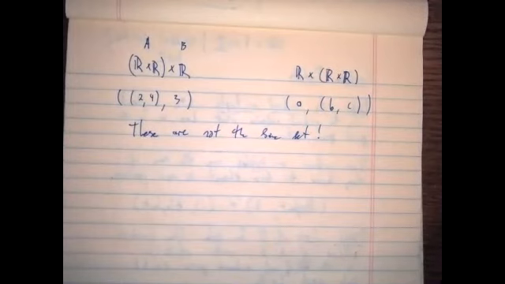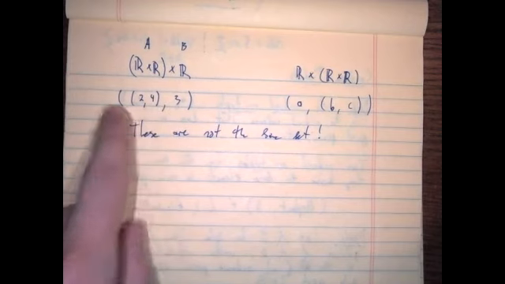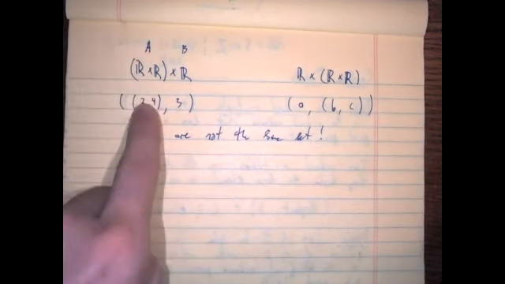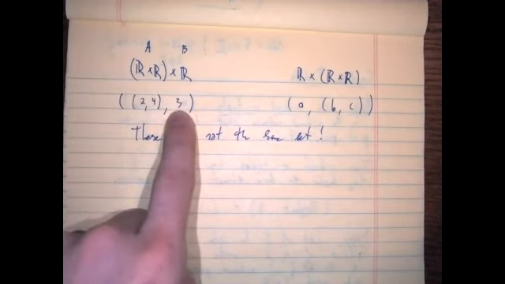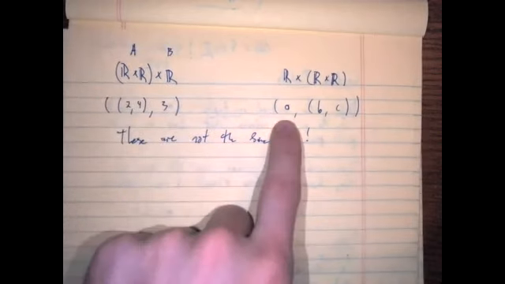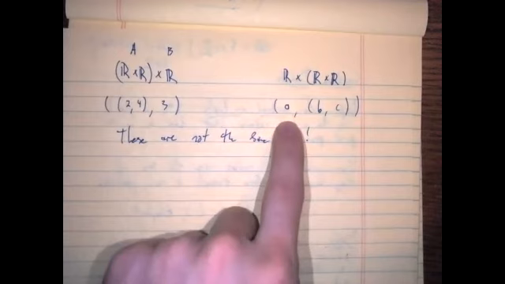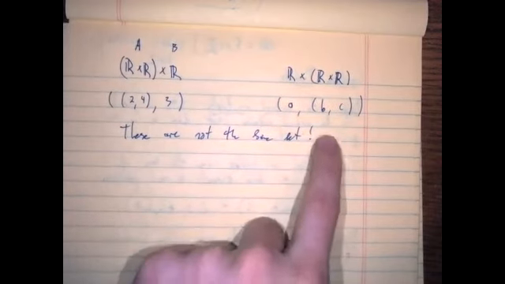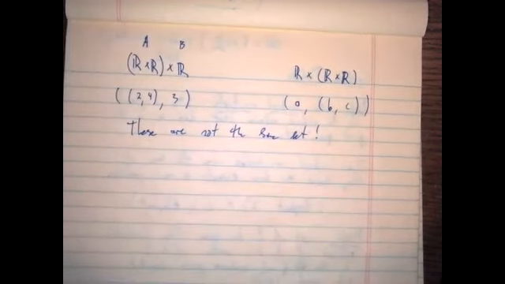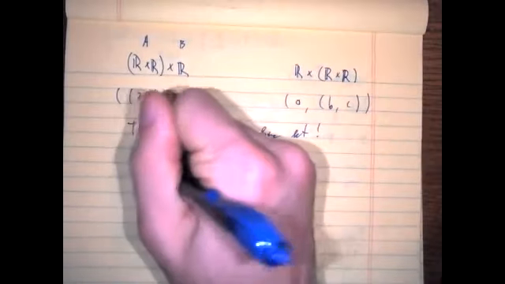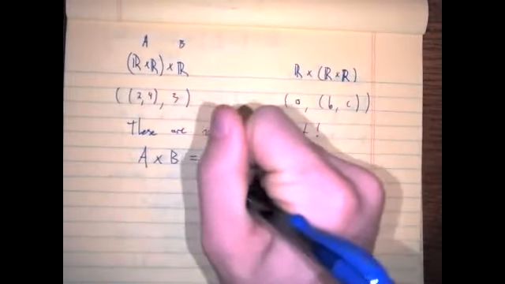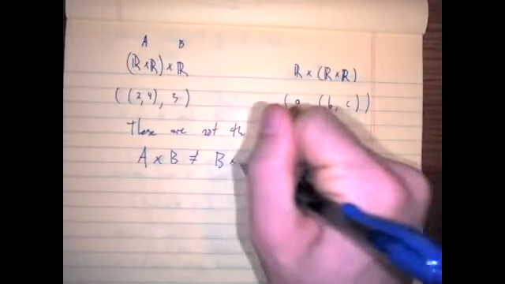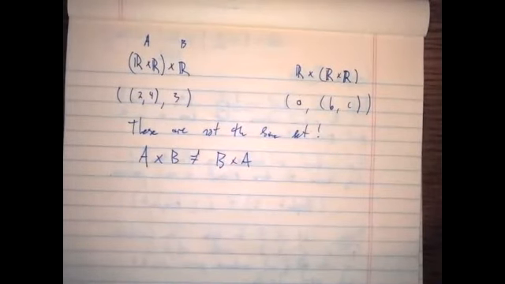These sets are extremely closely related, and both of them will give you points in R cross R cross R, but technically, elements of this set are an element of R cross R followed by an element of R, whereas elements of this set are first an element of R followed by an element of R cross R. So in general, A cross B is not equal to B cross A if A and B are different sets.